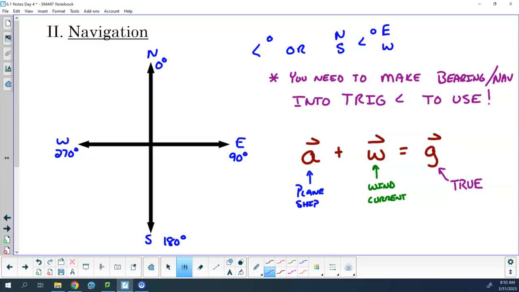We can get direction angle, that would be bearing. So whatever your vessel's doing, plus whatever is being acted on your vessel, is going to equal what you're truthfully doing. A plus W equals G.